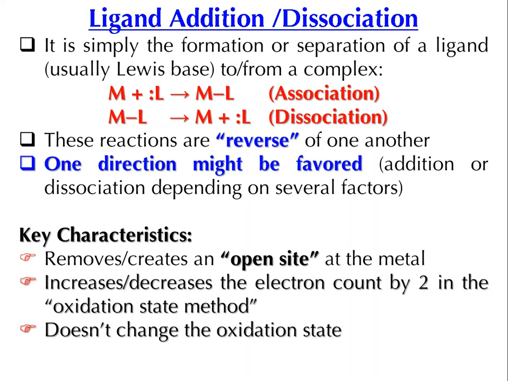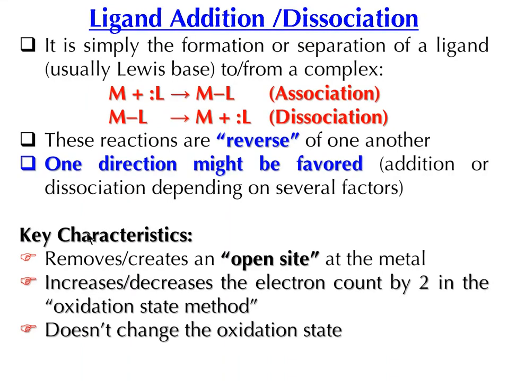At the same time, the reaction could happen in the inverse direction, direction 2, where we have dissociation of the ligand. But as in any equilibrium, one direction is more favored than the other, and the shift of the equilibrium is determined by several factors that will be studied in the next slides.